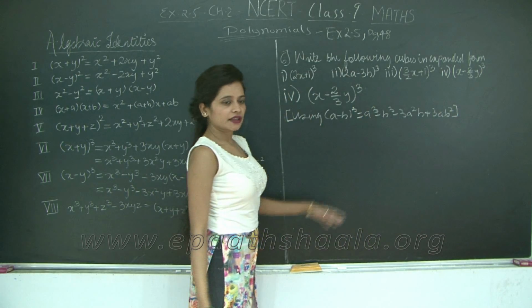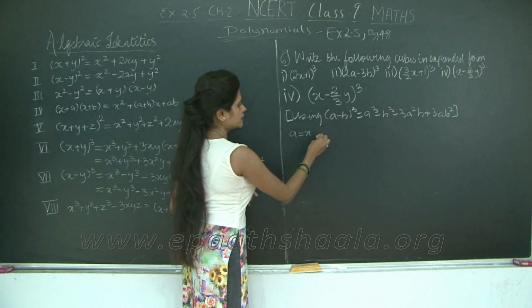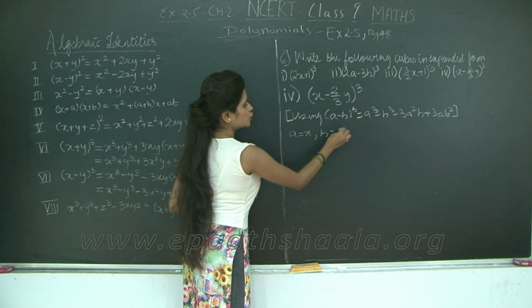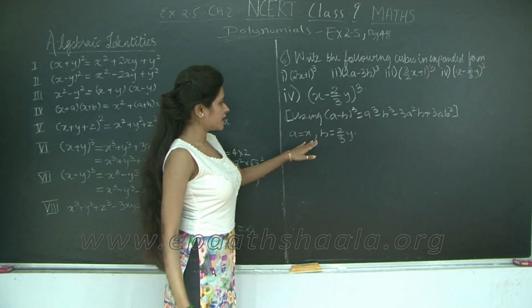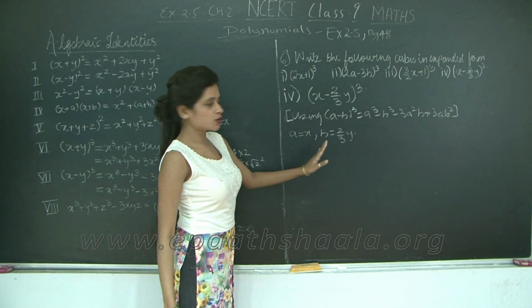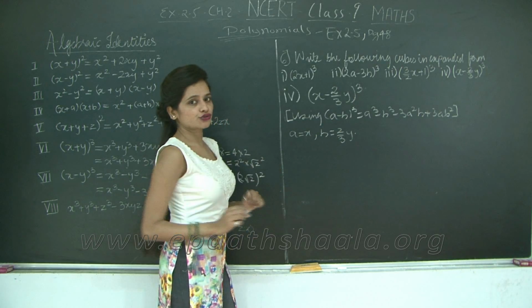Let us first find the values of a and b. My a is equal to x, and b is equal to 2 upon 3y. Now let's substitute a is equal to x and b is equal to 2 upon 3y in this expression to find the solution to our problem.